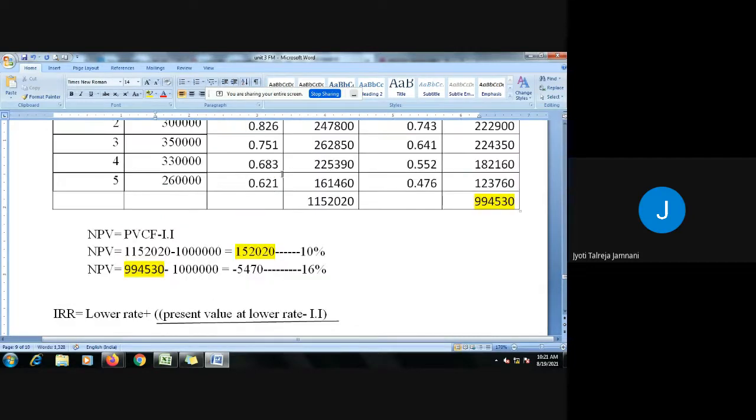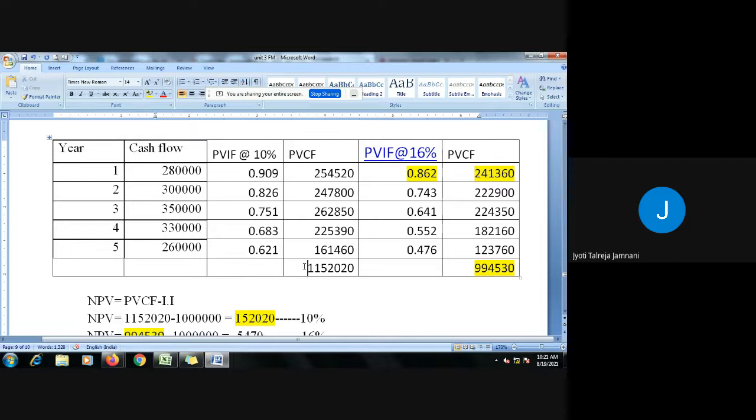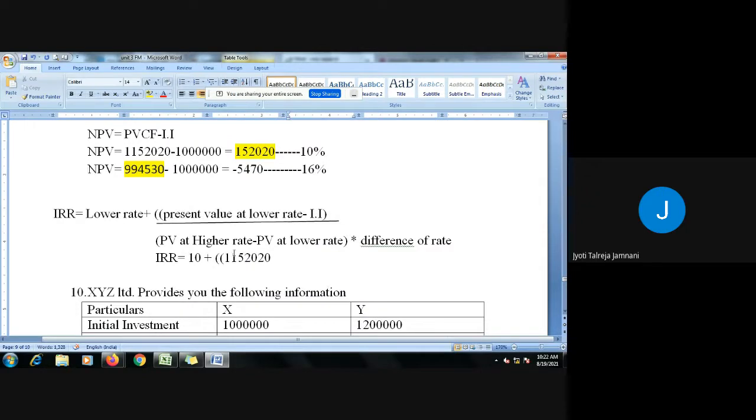You found here in the table. 11 lakh 52,020 is the present value at lower rate minus initial investment. I showed you just now in the question, they've given initial investment is 10 lakh. This is the numerator, divided by the denominator.